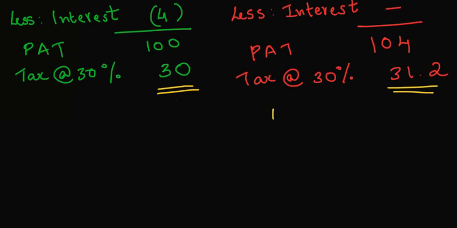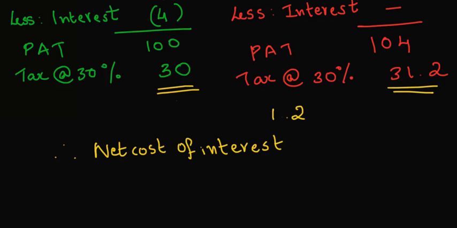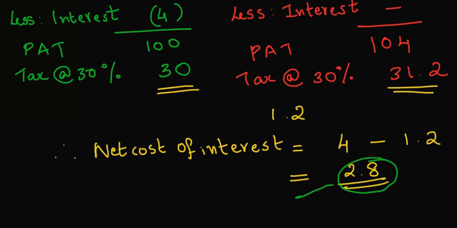Hence, from this illustration, we have seen that the tax expense of a company is lowered by 1.2 because of the presence of interest cost for the company. Hence, the actual cost of raising money through borrowed capital is rate of interest times (1 minus tax rate).